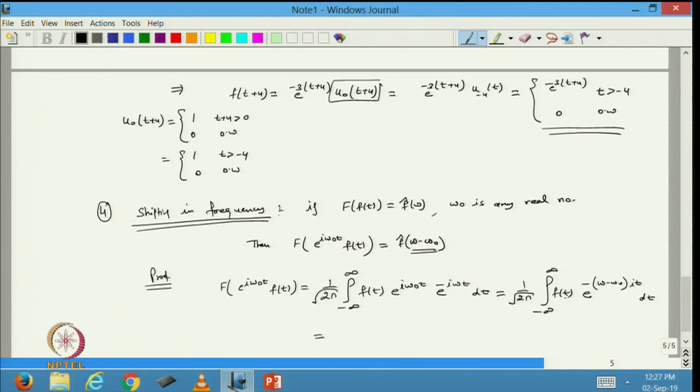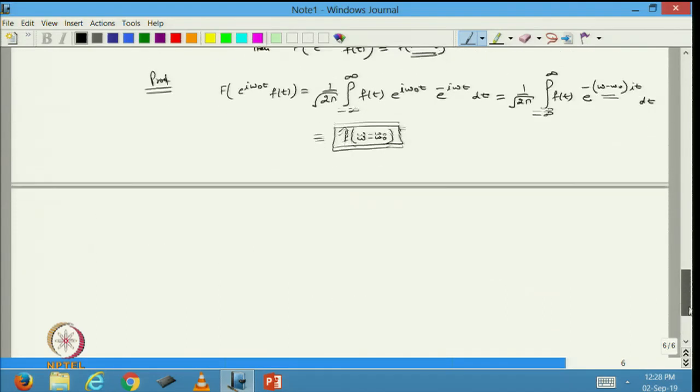If you remember, this is the same as the Fourier transformation of the function, except this factor. So this is equal to f hat (omega minus omega naught). That is the proof of this. That is called the shifting in the frequency.